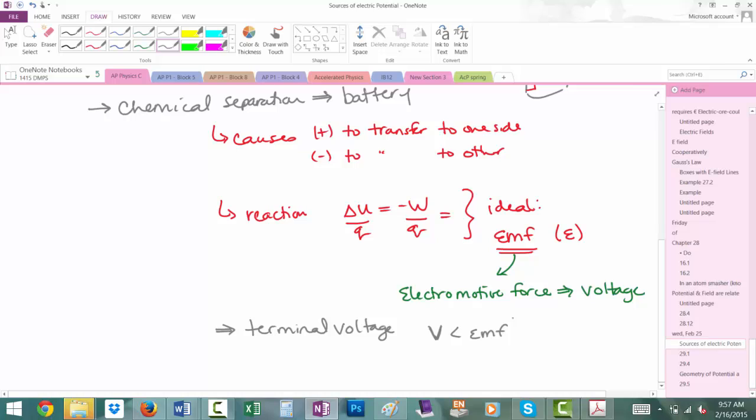Is that okay? But this is related to voltage and the differences, isn't it? I guess it's changing potential energy over Q. Right, okay, so like the equations and stuff that we were playing with before, that's all electrostatics.